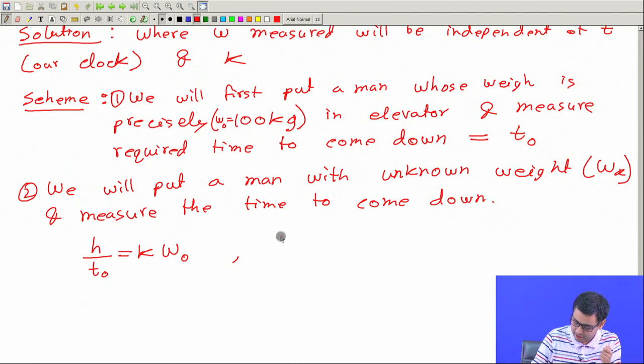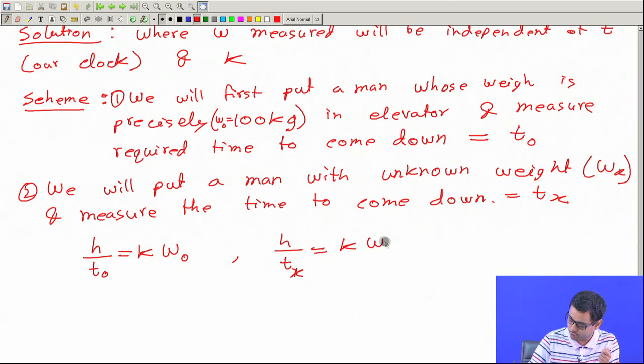And similarly we know h by tx, where tx is the time for the unknown man to come down. This is the speed for the unknown man, and this should also be equal to k wx.